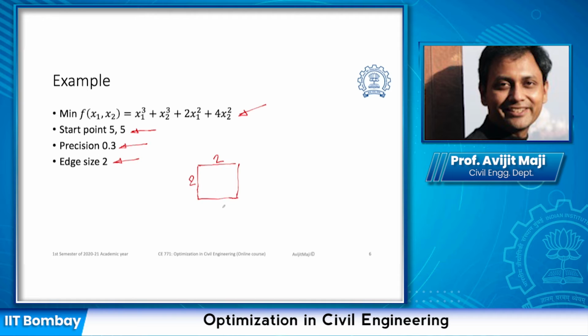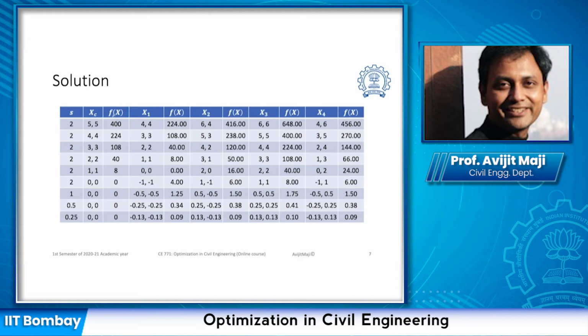Now with this, let us look into the solution. So the first point, as we said, is 5 and 5, and at this point the objective function value is 400. Then around 5 and 5, if we look into the 4 points, if we subtract half of the step size, then it is going to be 4, 4.